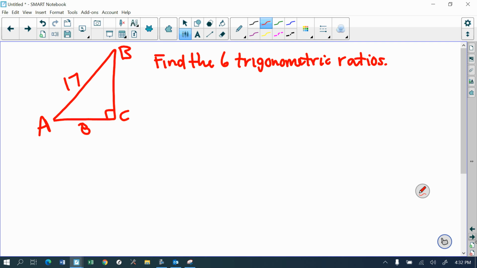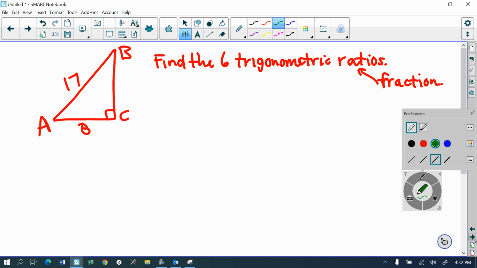Okay, well, what is a ratio? A ratio is a fraction. Okay, so I better have six fractions. That's my answer. Okay, well, first off, I have to go ahead and find the third side length here.